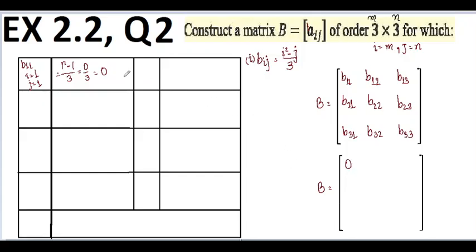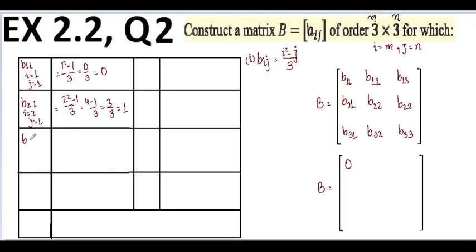Now the second element is B21. Here i equals 2 and j equals 1. Putting these values of i and j in this equation, we get (2 square minus 1) whole divided by 3 equals 4 minus 1 by 3 equals 3 by 3, which is equal to 1.